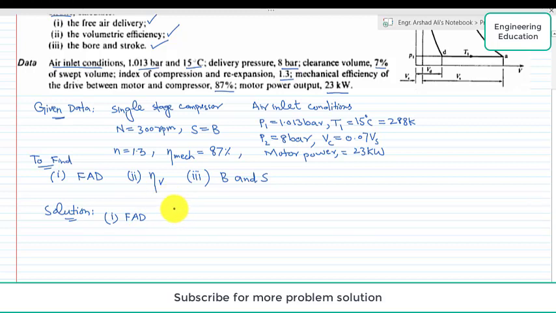As we know, mechanical efficiency for this case is the ratio of indicated power and shaft power, and shaft power is basically the motor power or motor power output. So rearranging this expression, indicated power is equal to mechanical efficiency into motor power.